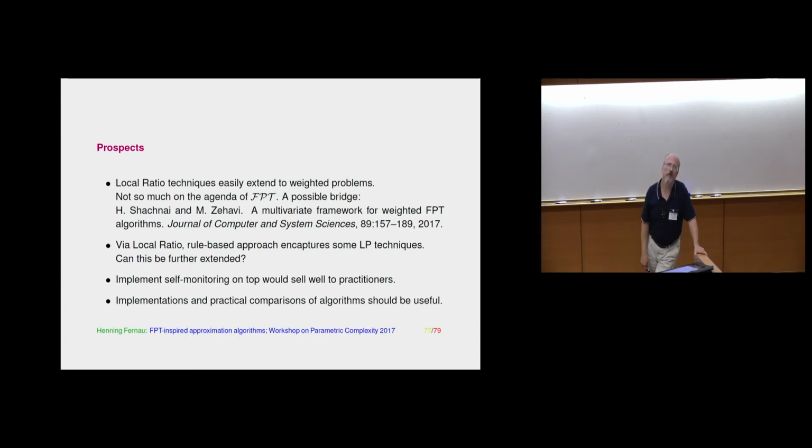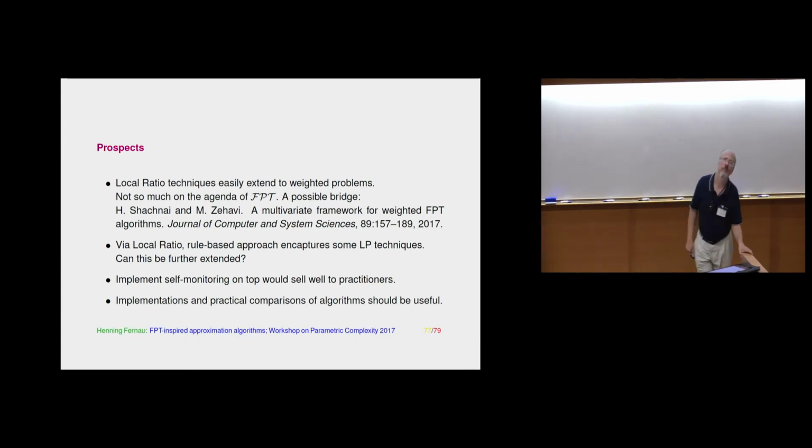The most prominent being, if you really parameterize by the weights, you always have to assume these weights are at least 1 or something like that, which seems like a technicality in the first place. But if you look at the local ratio arguments, they always play around with reducing the weights a little bit everywhere, something like that. And this is dead for FPT. So this is definitely not the same thing.